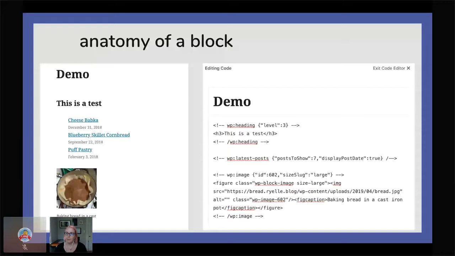Each block is wrapped in an HTML comment, and each has this specific syntax. Sometimes there's JSON in this comment, and so some data is in there. And then sometimes some of the data is in the HTML itself, like with the caption for the image. But latest posts is only the comment. It doesn't render any HTML to the post content.